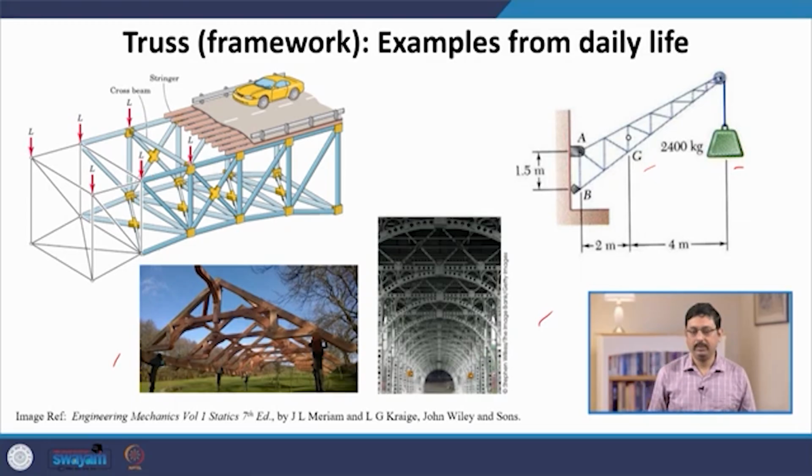And this crane is made up of these connected beams. These are important engineering structures, and the goal is to keep the whole thing in equilibrium such that this bridge does not collapse or this roof does not collapse, or the crane is able to lift this weight in a safe way.